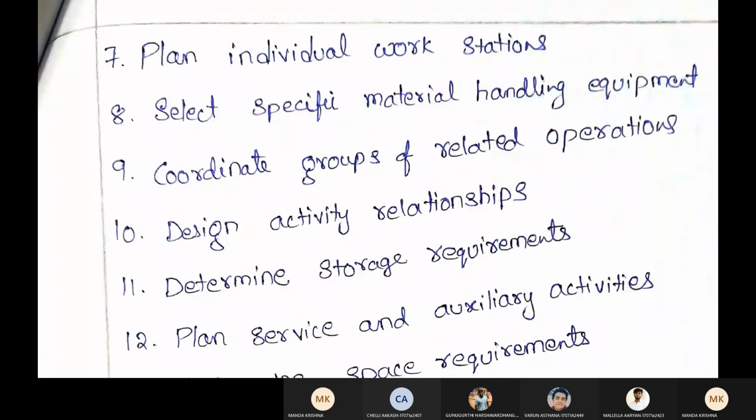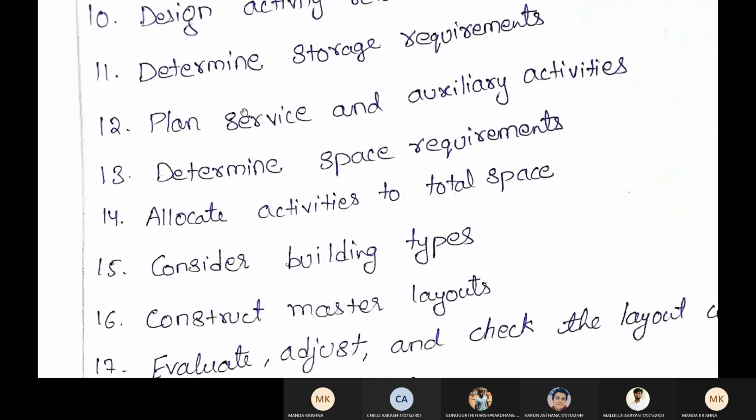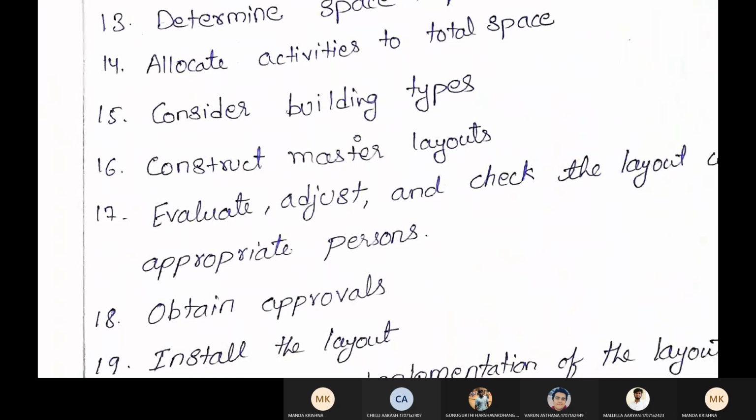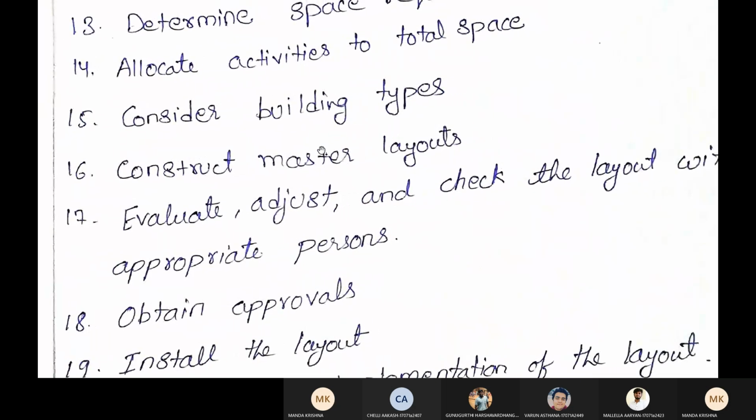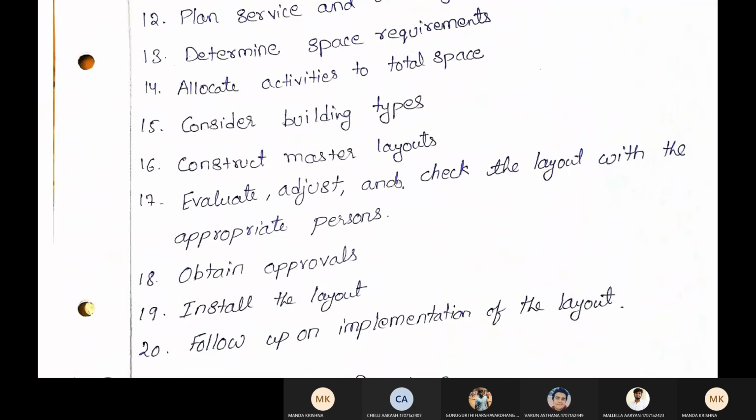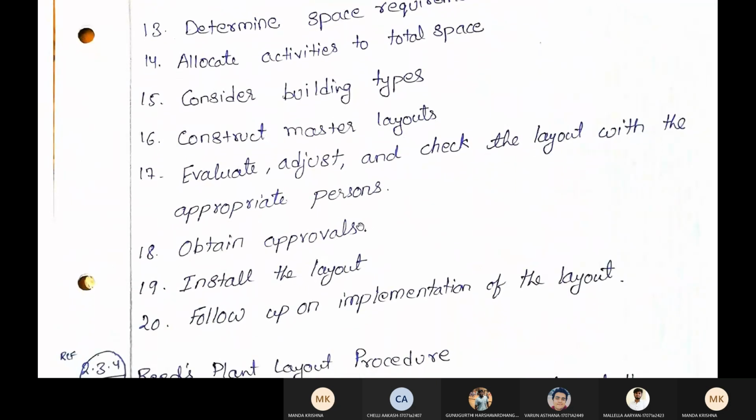Next is coordinate groups of related operations, design activity relationships, determine storage requirements, plan service and auxiliary activities, determine space requirements, allocate activities to total space, consider building types, construct master layouts, evaluate, adjust, and check the layout with the appropriate persons.